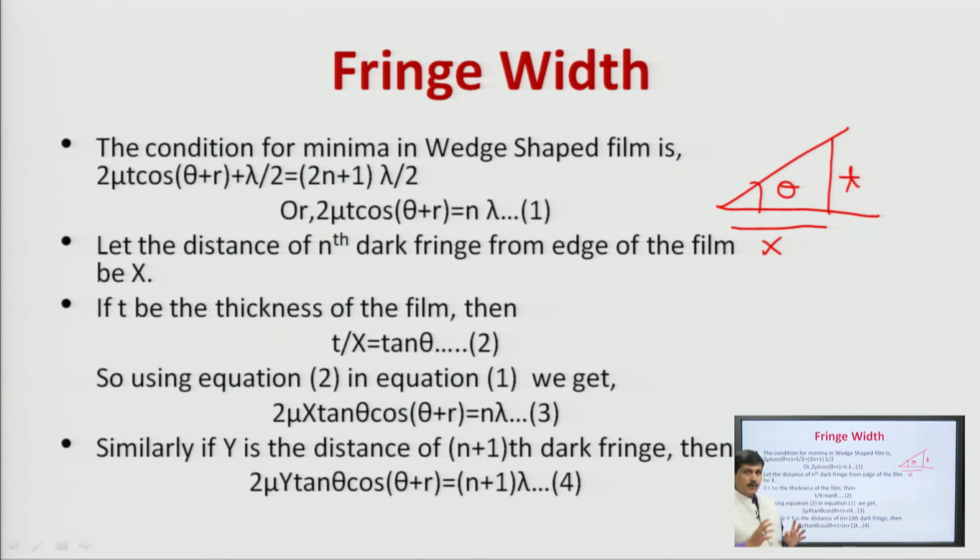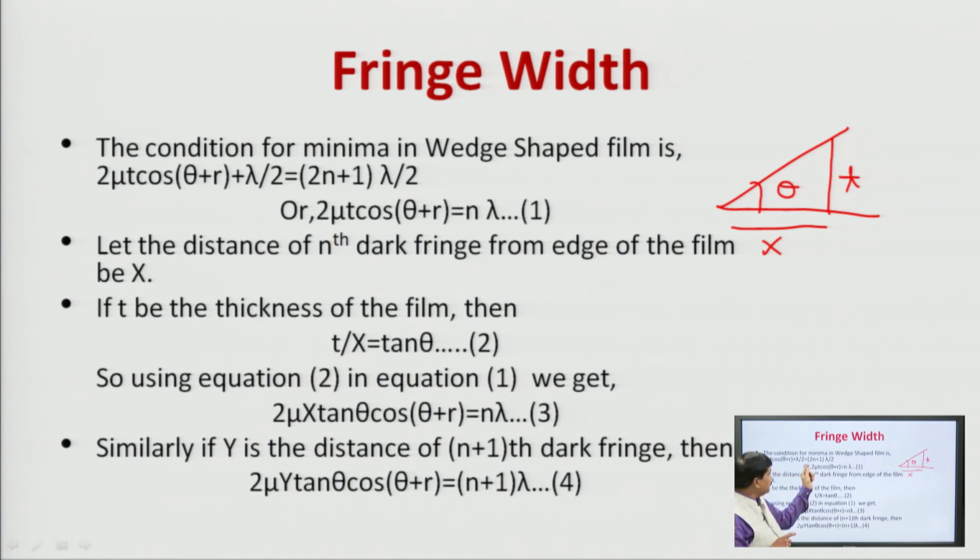In order to derive an equation for the fringe width, write the condition of minima in the wedge shape film. The condition for minima is path difference equal to (2n plus 1) lambda by 2. The path difference in the wedge shape film is 2 mu t cos theta plus r plus lambda by 2.